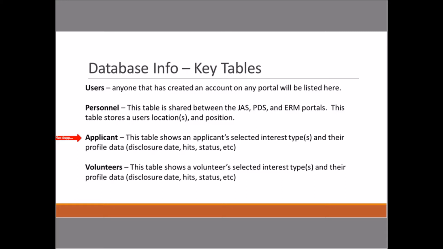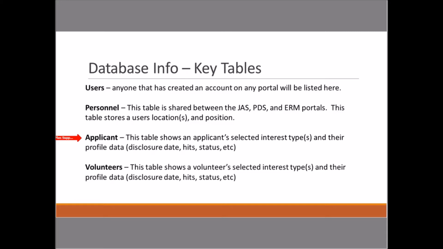Their current status is stored in this table, and a lot of the information that they select on the actual profile tab itself, like the date they completed their disclosure, if they have a disclosure hit, if they've been cleared or not cleared, the date they submitted their application, and if they agreed or disagreed to the submission process.